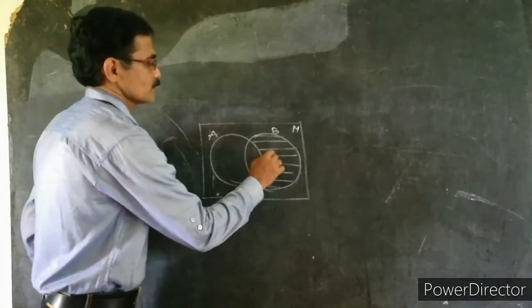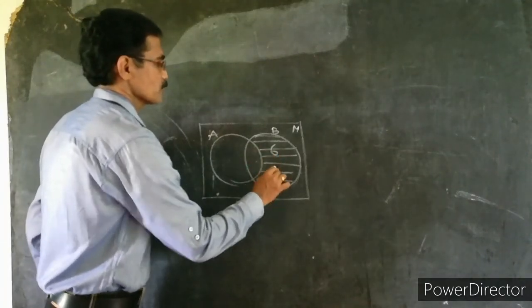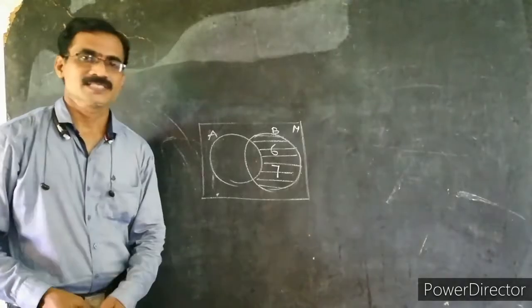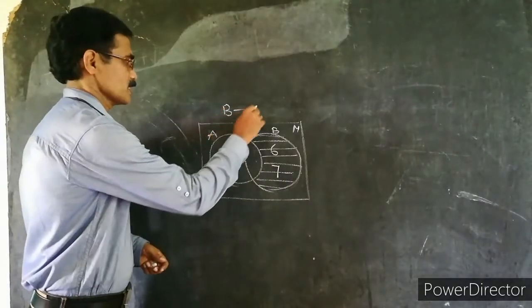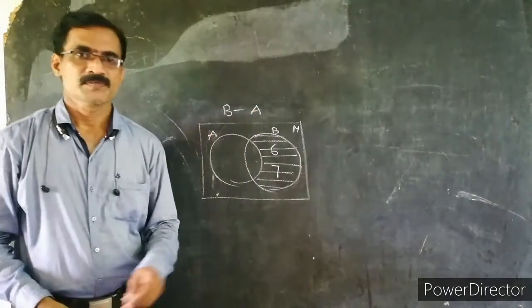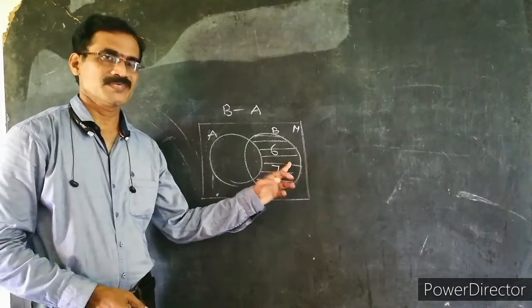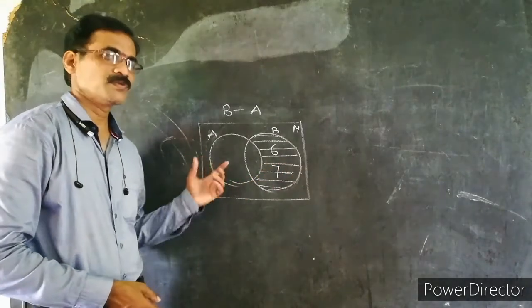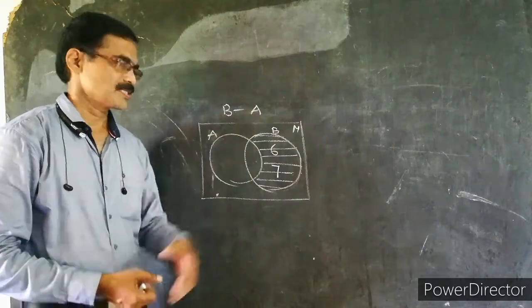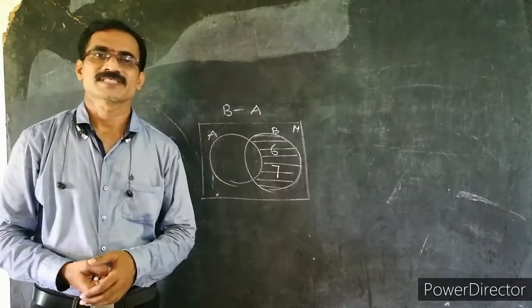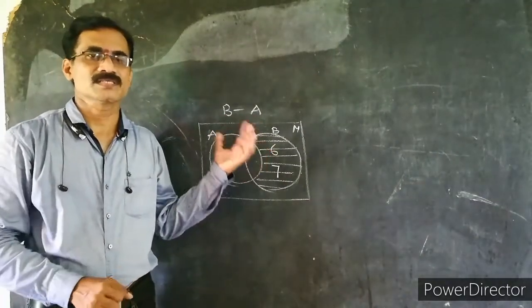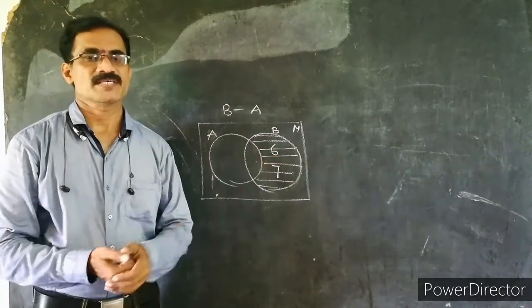That is 4, 5 are common, you don't write here. The remaining elements are 6 and 7. So this is B minus A. B minus A means here only B is shaded. In A minus B only A is shaded. So these are the Venn diagrams of difference of sets. Means A minus B or B minus A.